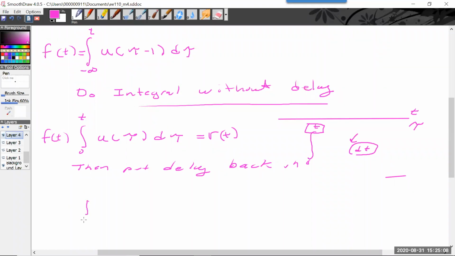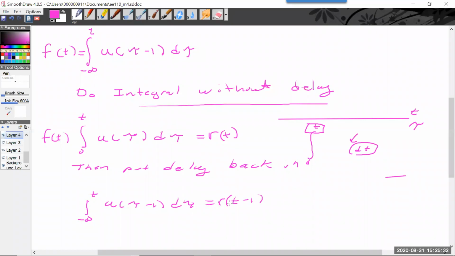Then you get that. And this is shown much more clearly at the very end of the Laplace transform section.